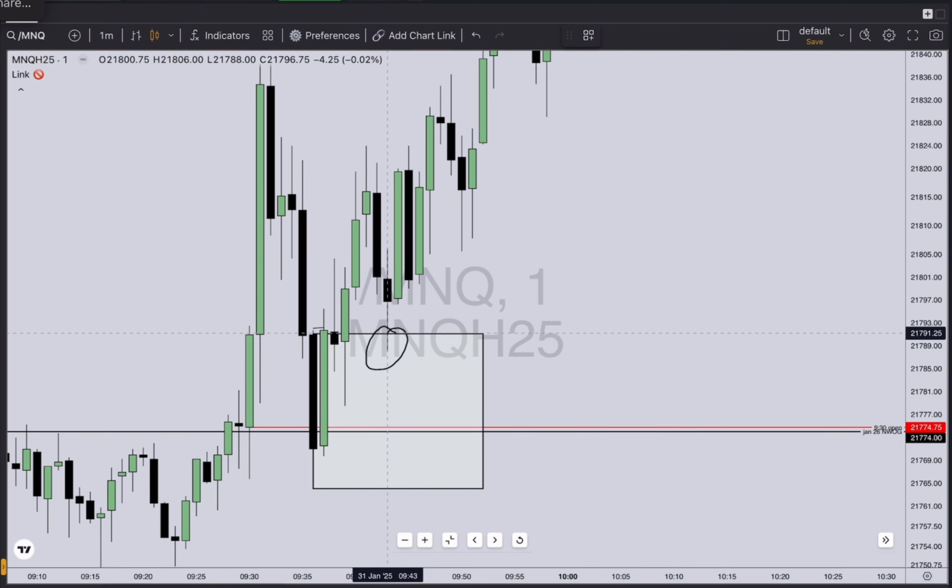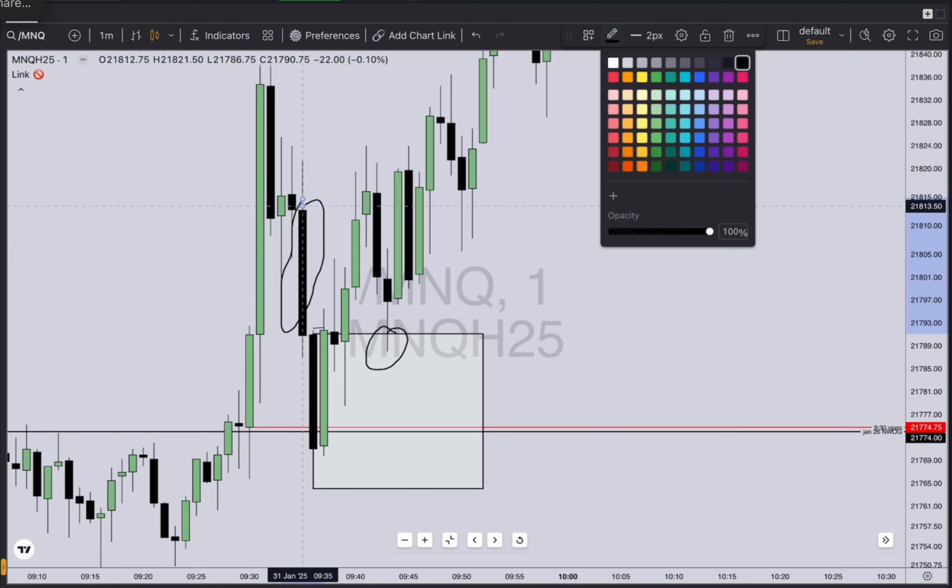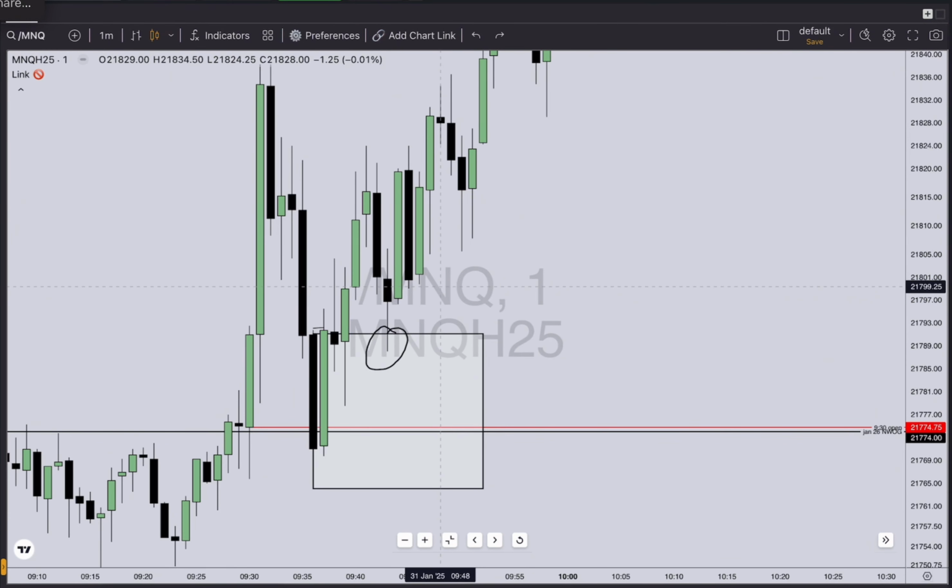We only include this second down close candle when we close above the wick of it. So we didn't really close until here. So this whole time, the only order block we had was this candle, because it's the only down close candle that we actually closed above.